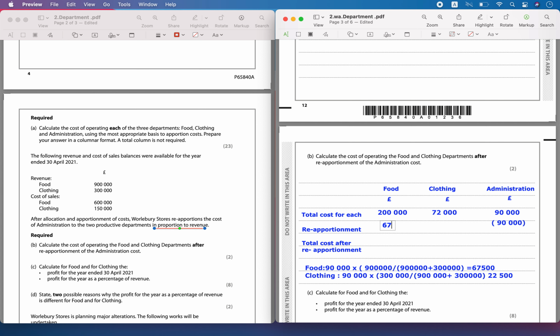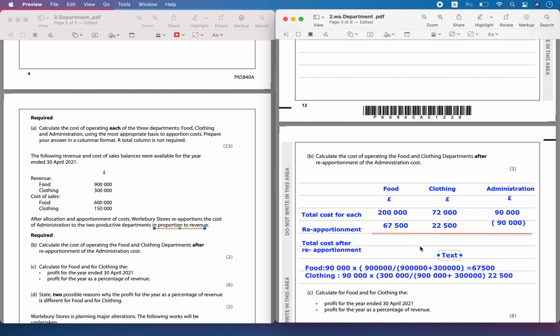So let's write these values: 67,500 and 22,500. I'm taking these 90,000 and distributing it to the food and clothing departments. Now let's calculate the total cost for each department, because it has been reapportioned.